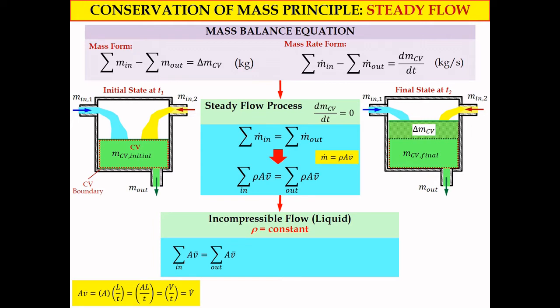Elaborating more, we have A V bar equal to A L divided by T. A L actually equals volume V. So we have A V bar equal to V divided by T, also equal to the volume flow rate, V dot. For liquid or incompressible flow, the equation will be total volume flow rate in equal to total volume flow rate out. The unit will be meter cubed per second.